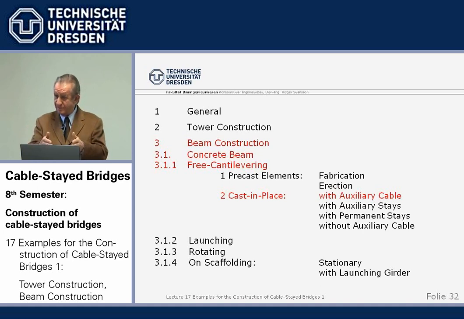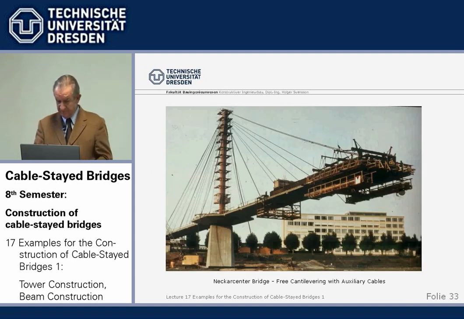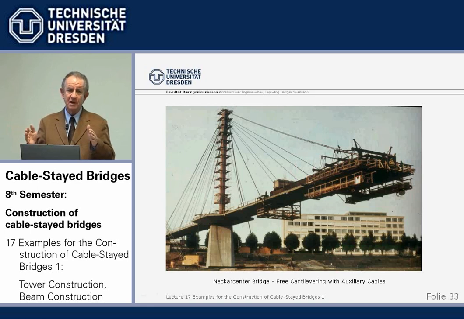So those were precast. Now we come to cast in place. And we always have there, besides other things, the consideration: what happens to the cantilever moment which builds up from the tip over the length of the new element, the new length?